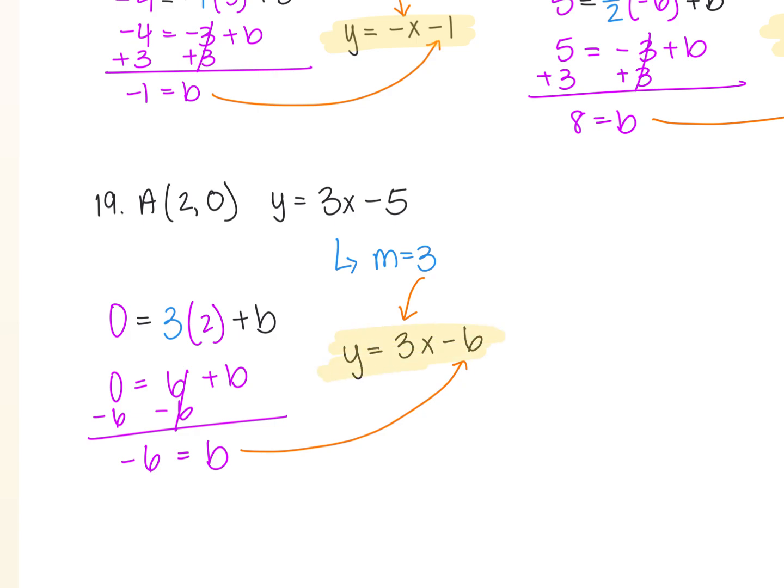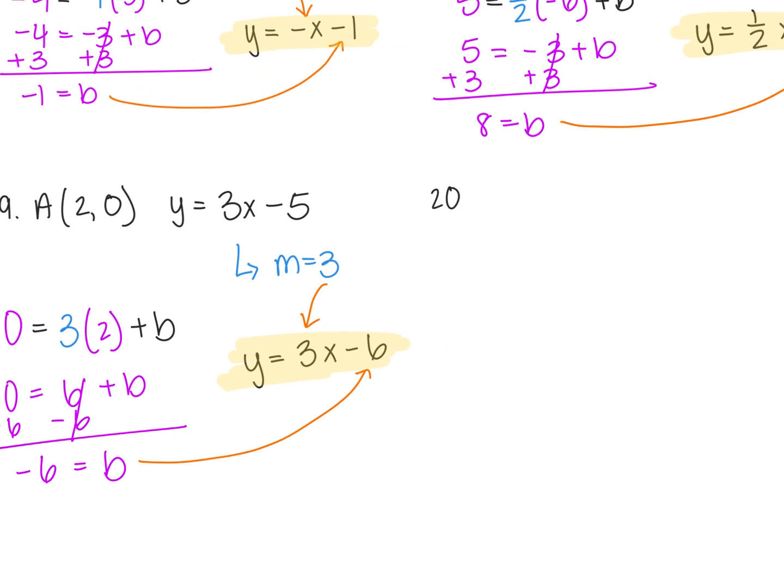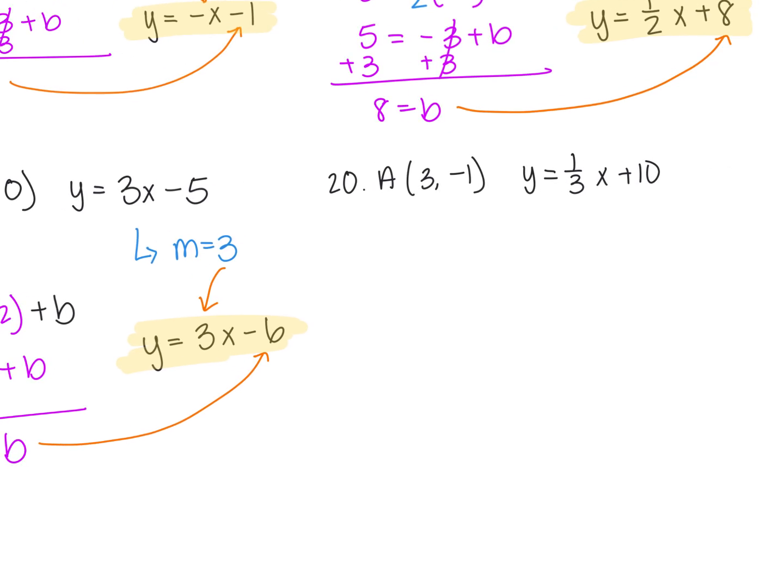And then the last one, number 20. I have A is (3, -1), y equals 1/3 x plus 10. My new slope, if it's parallel, it's the same.